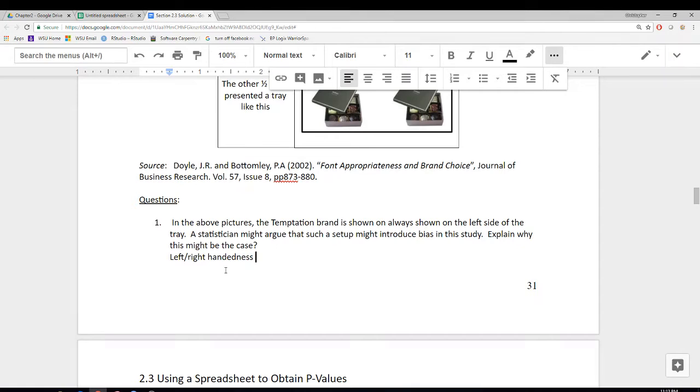Right-handedness might negatively impact the outcomes if one font is always on the left or right side.